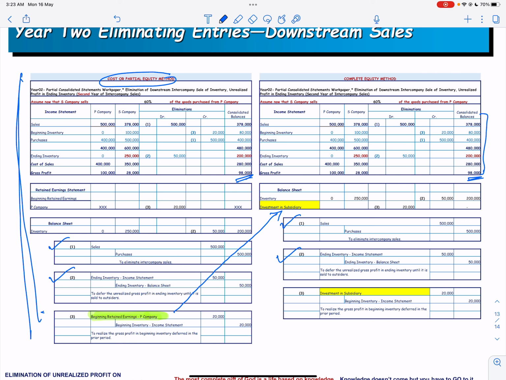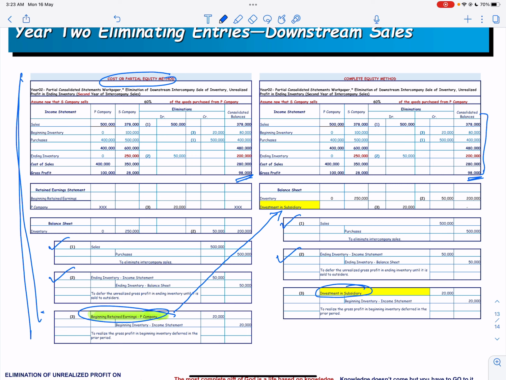Under the complete equity method, consolidated retained earnings is identical to the parent's reported retained earnings, and thus no adjustment is needed.